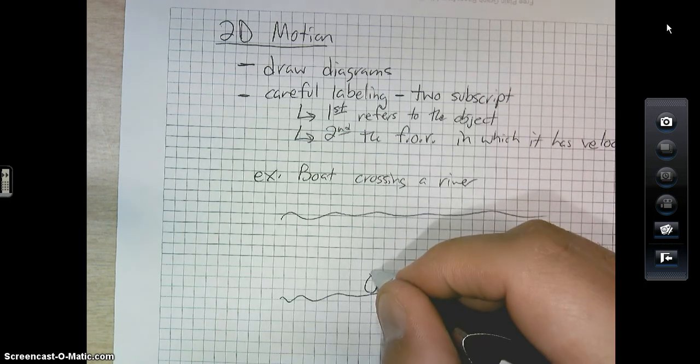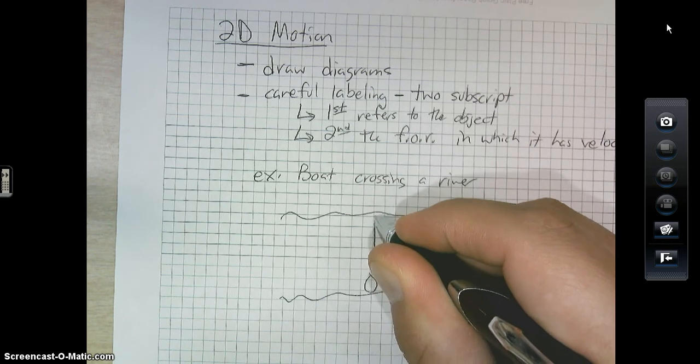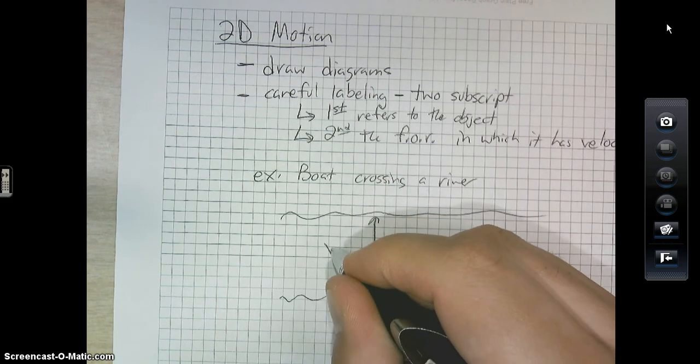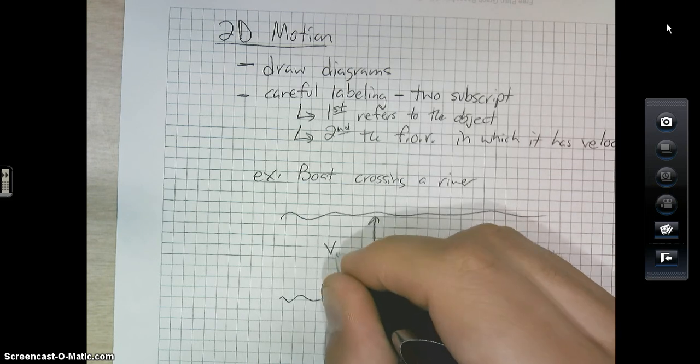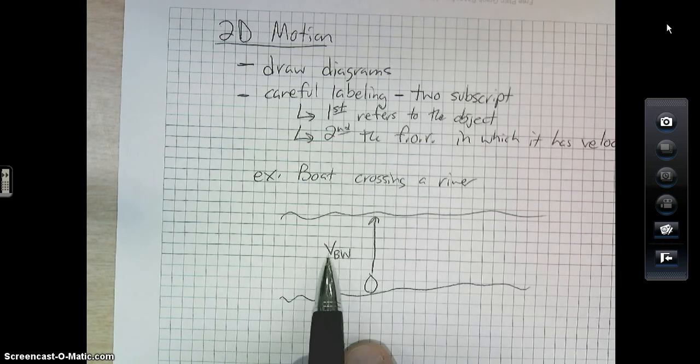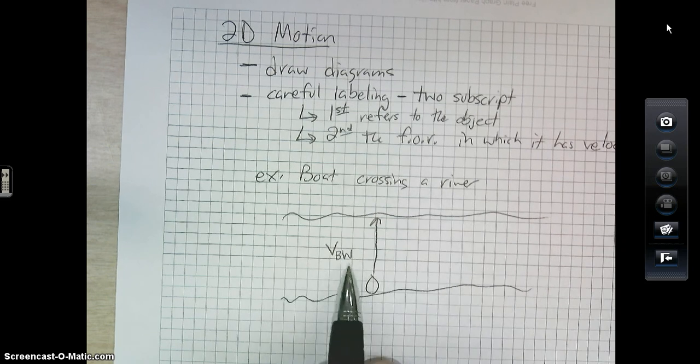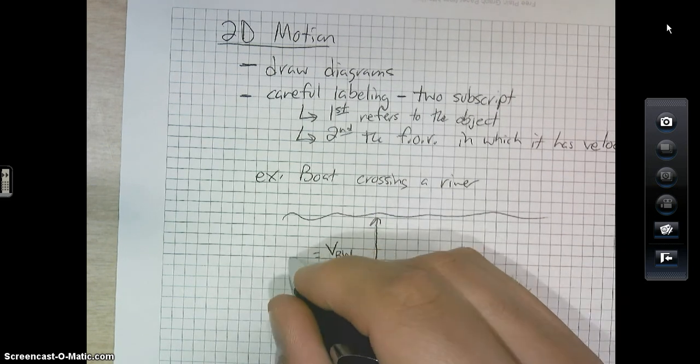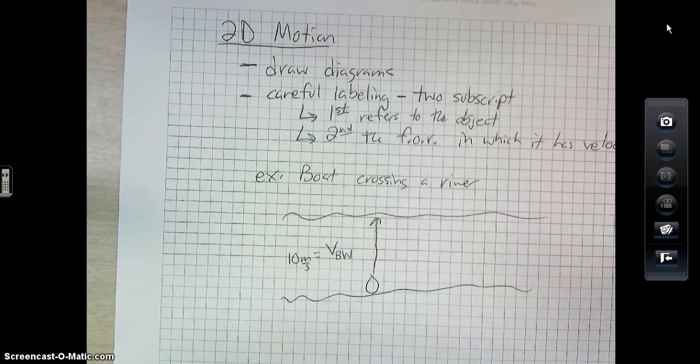So if I was going to aim the boat across the river, we could say that the velocity of the boat relative to the water, so I've used a VBW, okay? We could say that that was 10 meters per second. Okay, I'm just giving it an arbitrary number here.